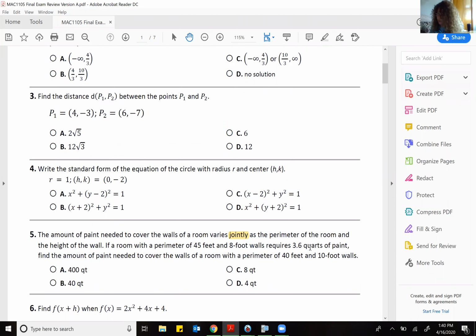So what could we use? Q. Yeah. Or you could have used A for amount or W for walls. As long as it's not P, because when you look after the word jointly, it says the perimeter. And usually we like the variable P to represent perimeter. So right now our equation looks like this.